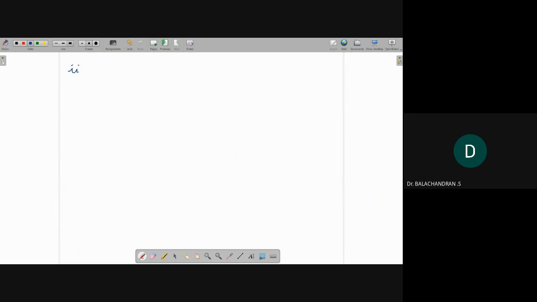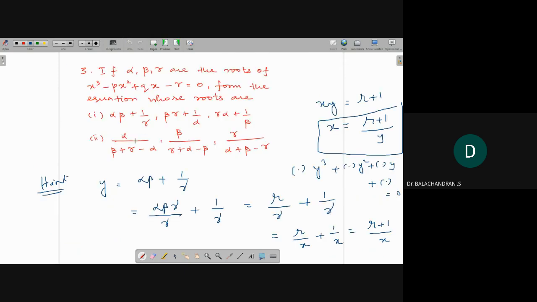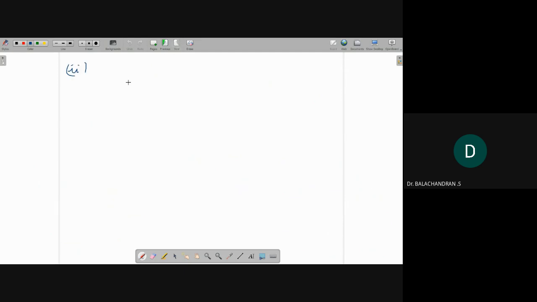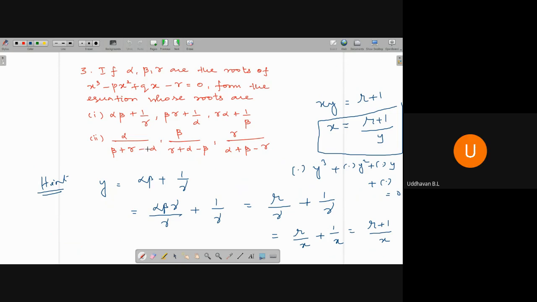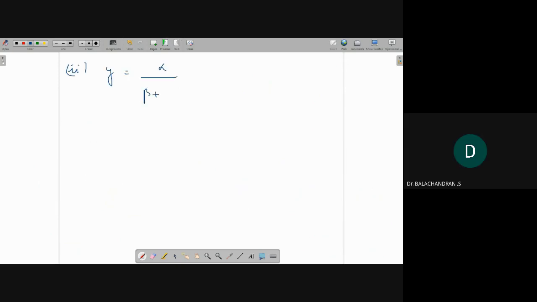For subdivision 2, what hint can we give? Y equal to what? Y equal to alpha divided by beta plus gamma minus alpha. So what can we do? Plus alpha minus alpha.